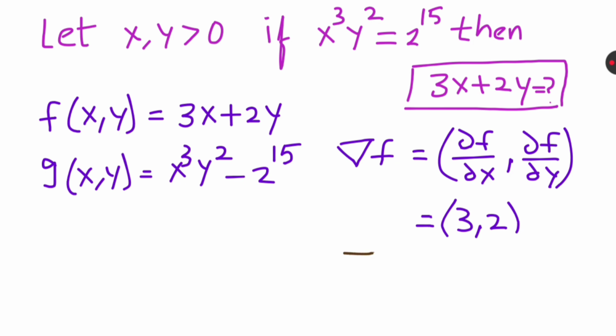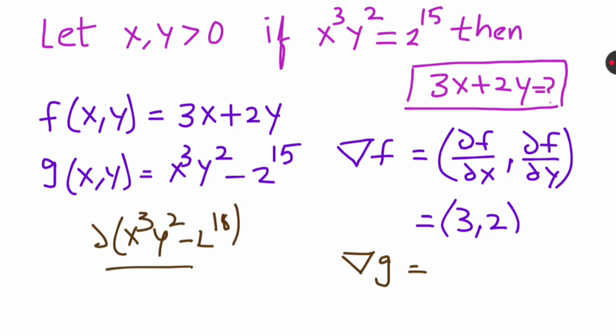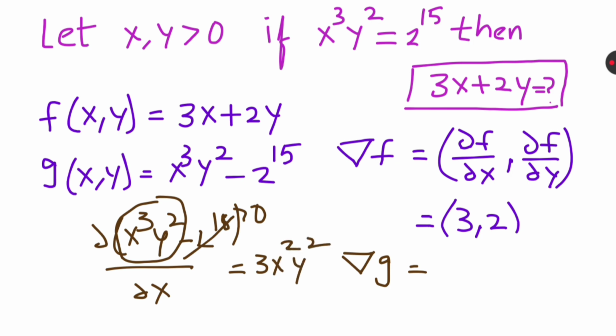In the same way, let's find the partial derivatives of g. Here also we have to do the same thing. First, the derivative of g with respect to x: the constant term is 0 and we get 3x^2 y^2, isn't it?